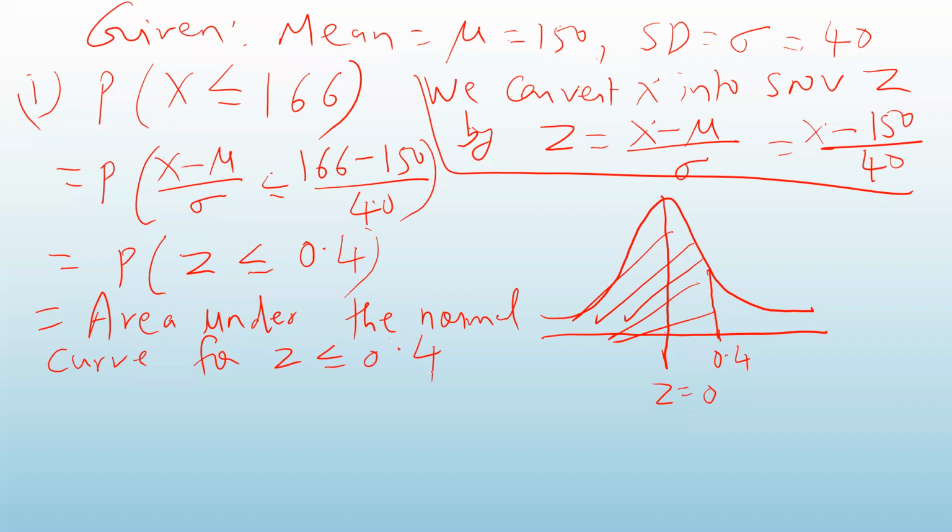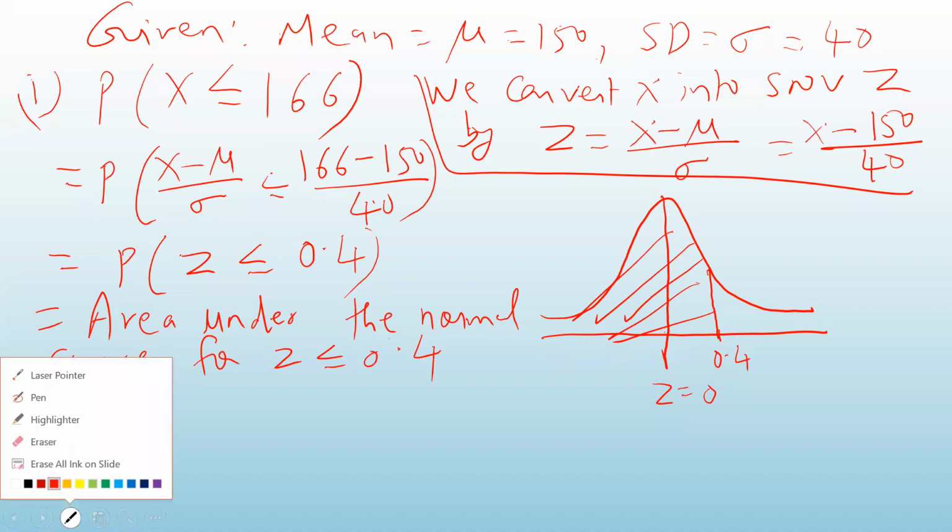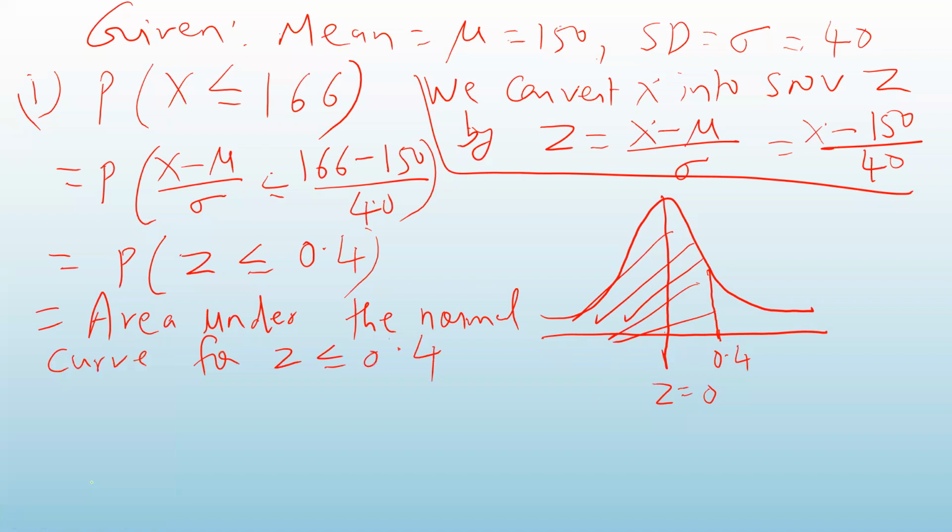Now see, in the table you will be given the area from 0 to 0.4. As you know, z equal to 0 is the line of symmetry. Therefore, the area to the left side of z equal to 0 is 0.5, because the entire area under the normal curve is 1 and this is the line of symmetry.